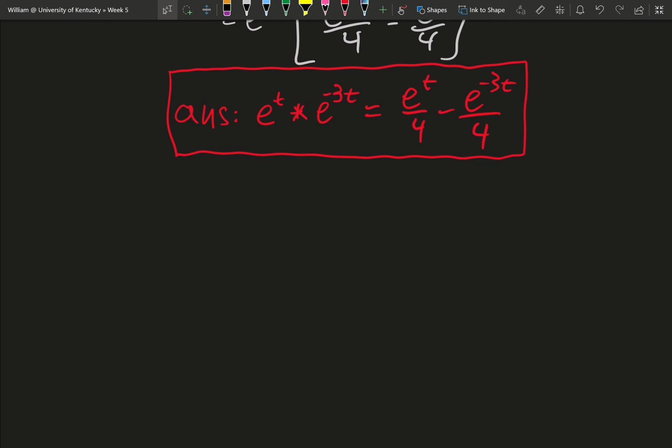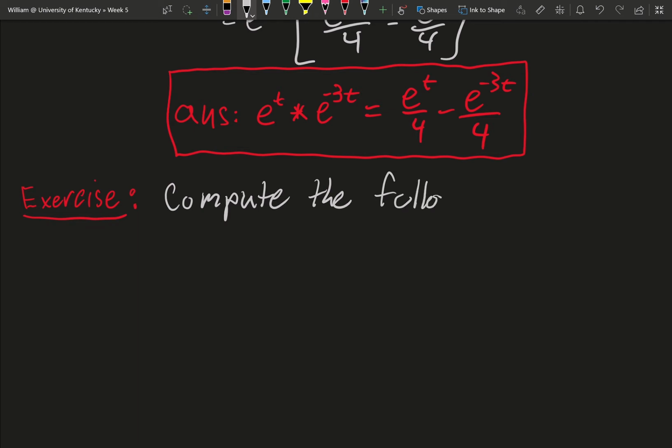Right, so before I continue, I just want to give you guys a couple problems to work through. So compute the following. For the first one, compute the convolution of t with itself.